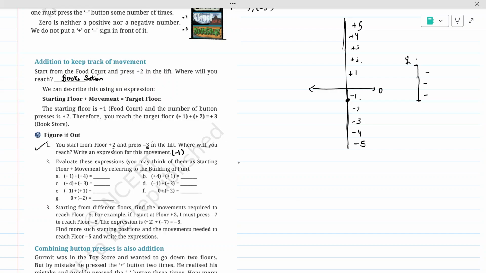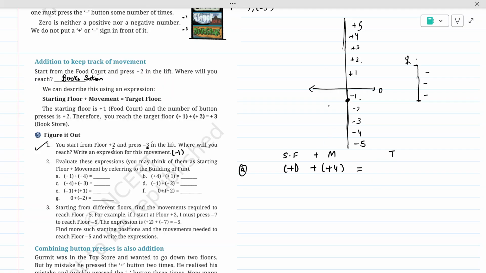Let us start with the A part here. A part is +1 +4, and we have to find where we are going to reach. This +1 is the starting floor given to us. I am writing starting floor here. This +4 is the movement we are doing, and we have to find the target floor.